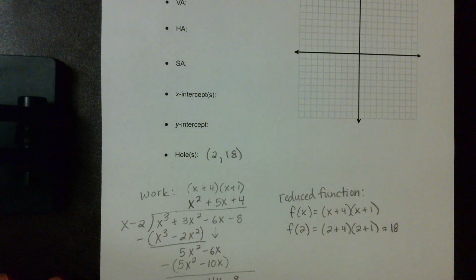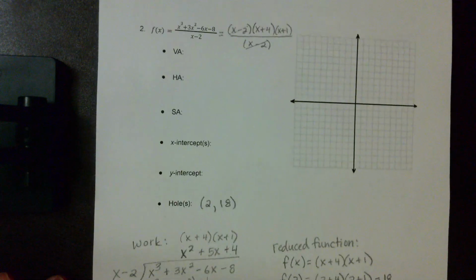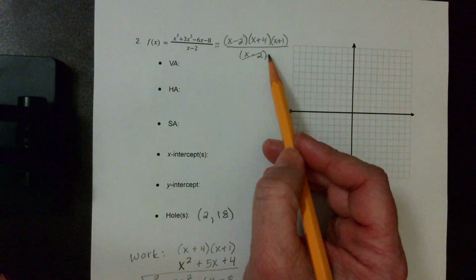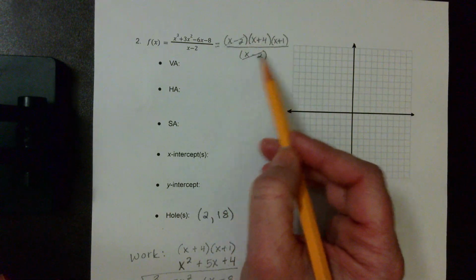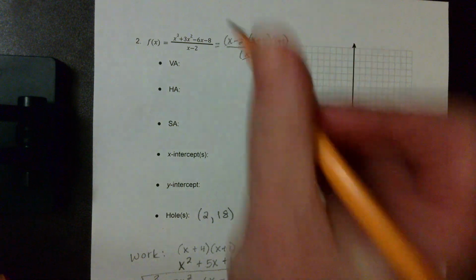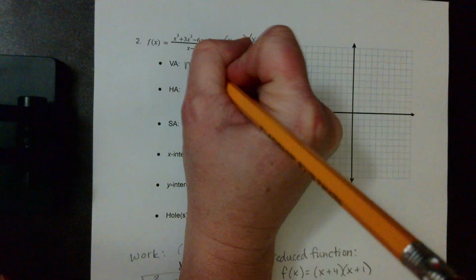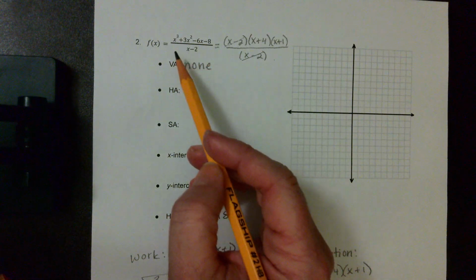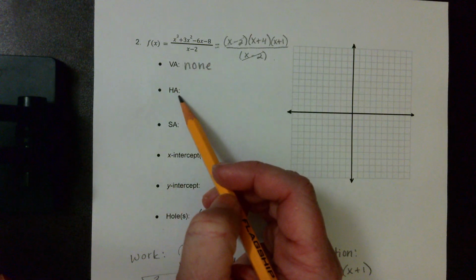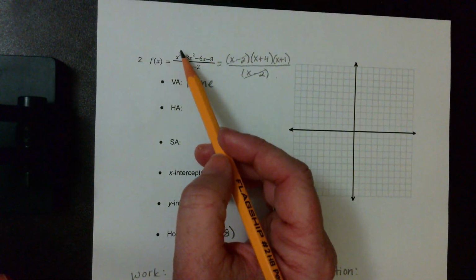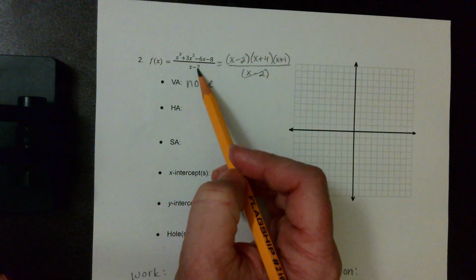So now I'm going to look at what's next in my list. I have a vertical asymptote. Do I have a non-canceled factor in the denominator? Since I don't, I do not have a vertical asymptote. For my horizontal asymptote, I want to compare the degree of the numerator to the degree of the denominator.